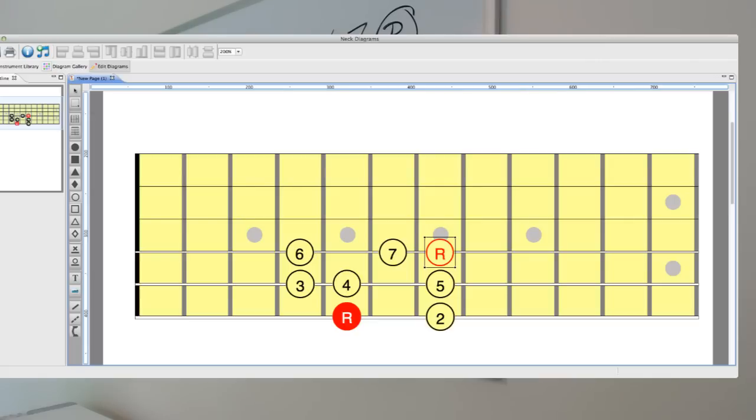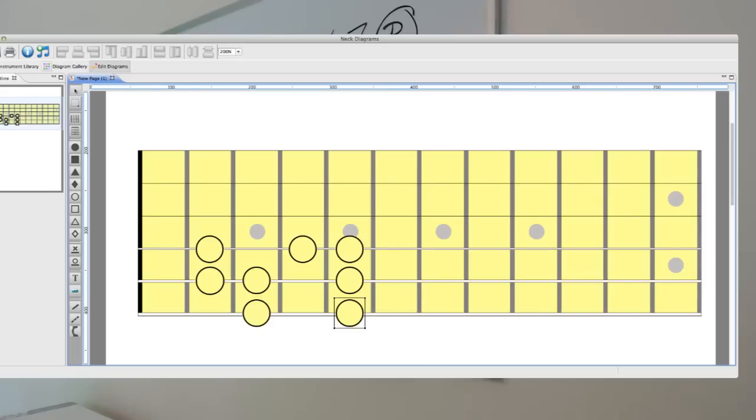Now let's say that we wanted to find the perfect fourth. Well, the perfect fourth would be right here. So if this is our root right here, and we want to find the 7th from that root, 1, 2, 3, 4, 5, 6, 7. And so the 7th of that root would be that note.